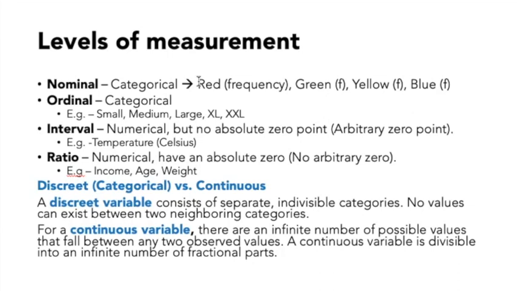From red to green to yellow to blue, there is no method of exactly measuring them. However, we can make the frequencies: how many red colored dresses I have, how many green, how many yellow, and how many blue.